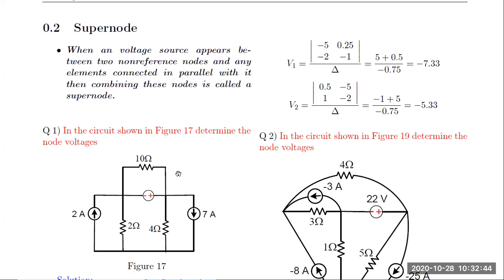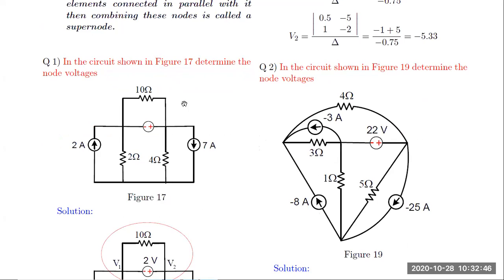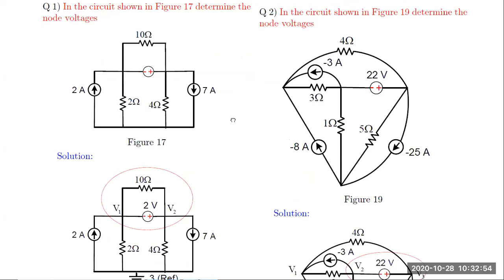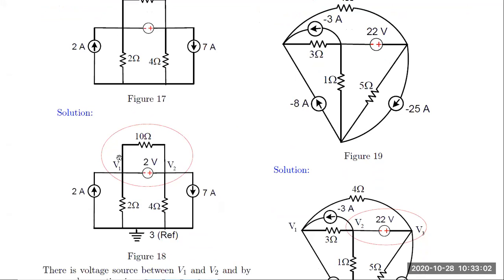So we'll take one example so that we can understand the concept of supernode. This is the actual given network. We have to determine the node voltages. We are going to label the nodes 1, 2, 3.